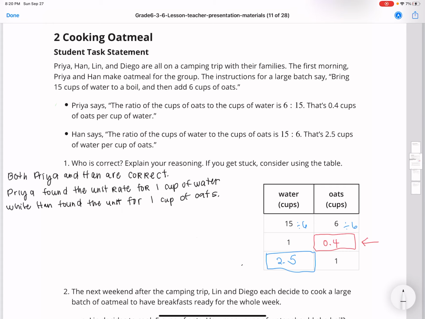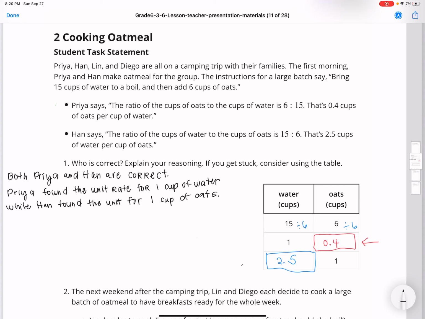Okay? So basically, that's what they did. What I mean by finding a unit rate for 1 cup of water is that for 1 cup of water, you need 4/10 cups of oats. And then Han found that for 1 cup of oats, you need 2.5 cups of water.